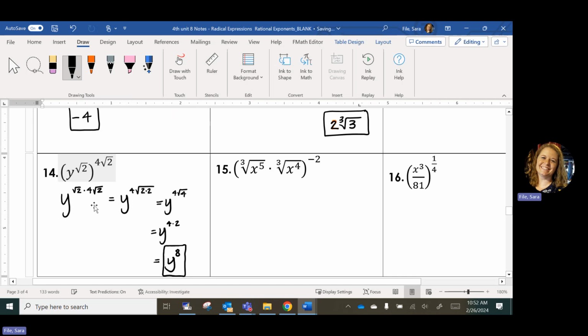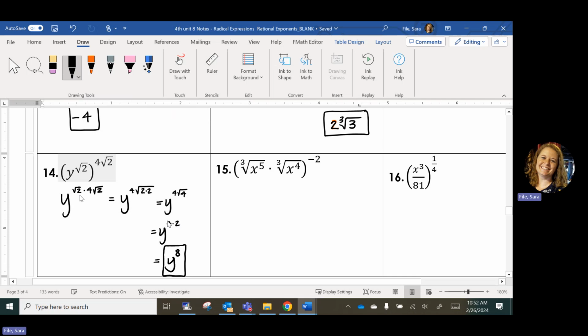Now this is a special case. Not only are they both square roots, they're identical. The radicand is the same. They're both the square root of 2. When that happens, anytime you multiply a square root times itself, you're just going to be left with that radicand, in this case 2. You can see how we just came out to a 2 there, right?